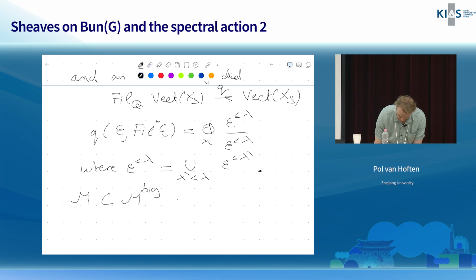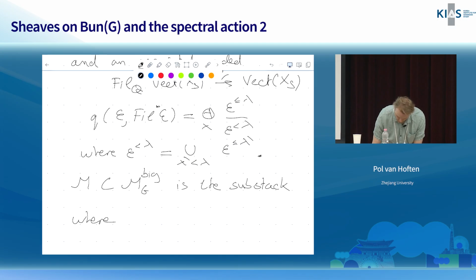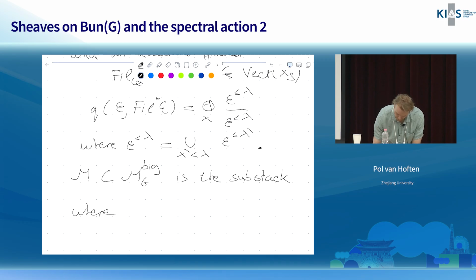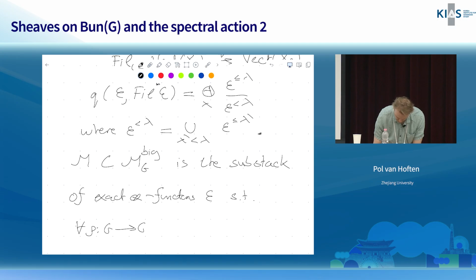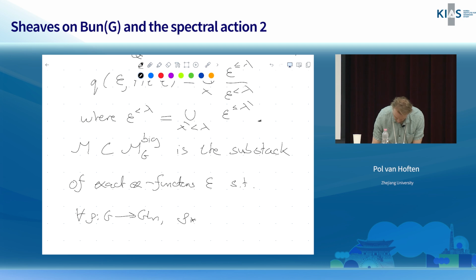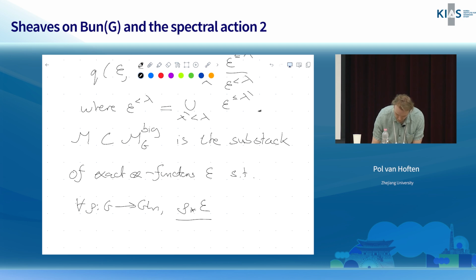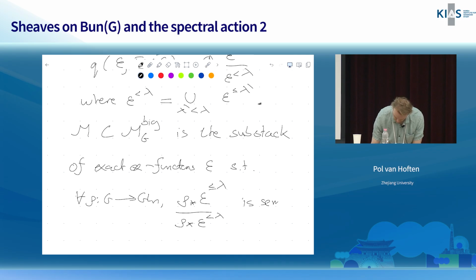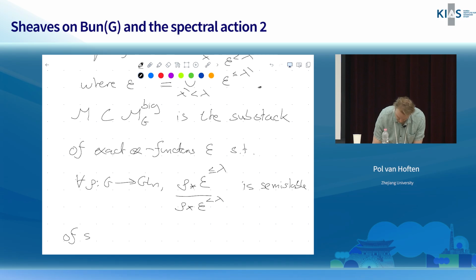M inside M big is the substack of exact tensor functors E such that for all representations rho, if I look at rho push forward of E, the associated graded is semi-stable of slope lambda for all lambda.